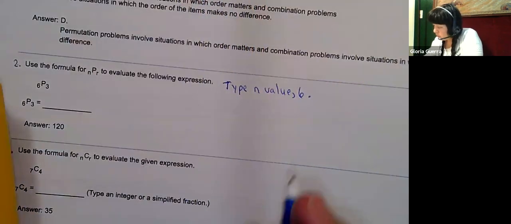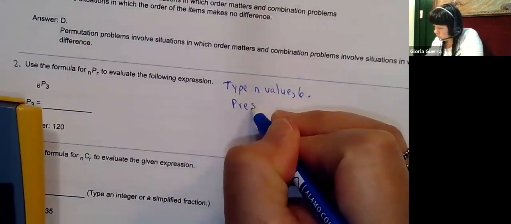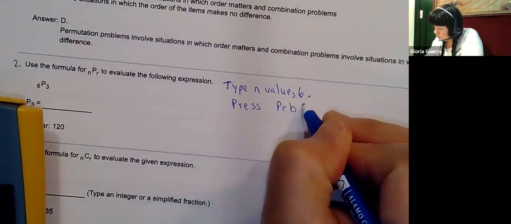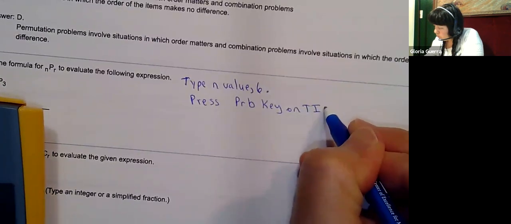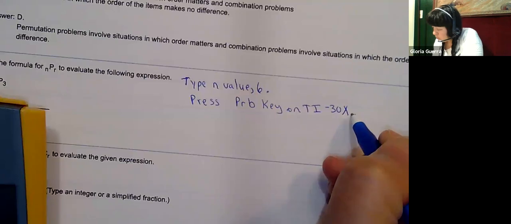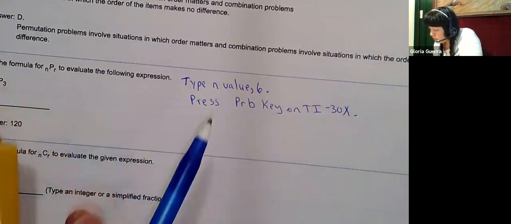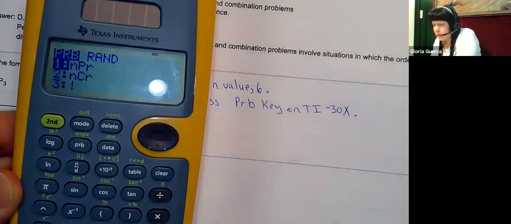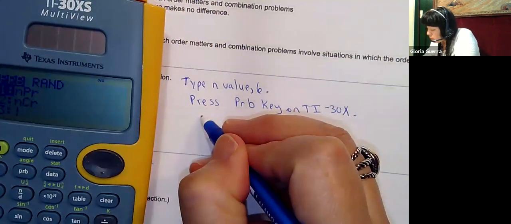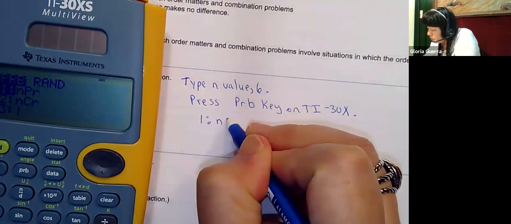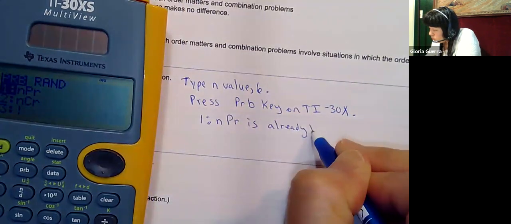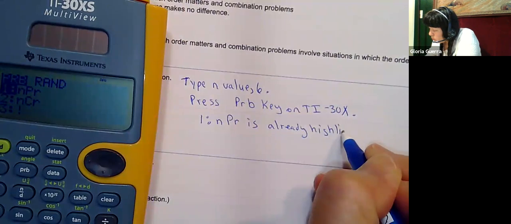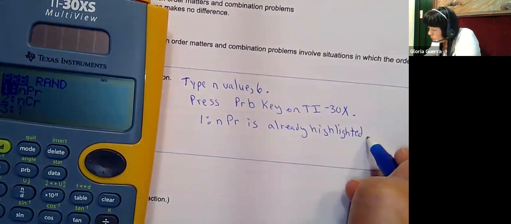Okay, so I'll write that down. Okay, and since we want the permutation, it's already highlighted, and so you're going to just press the enter button.